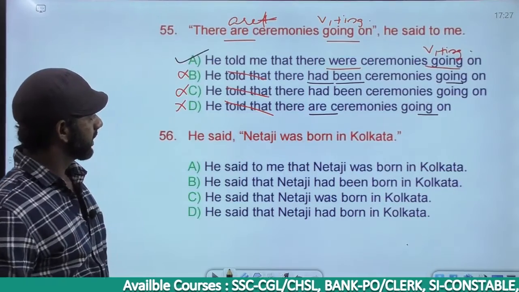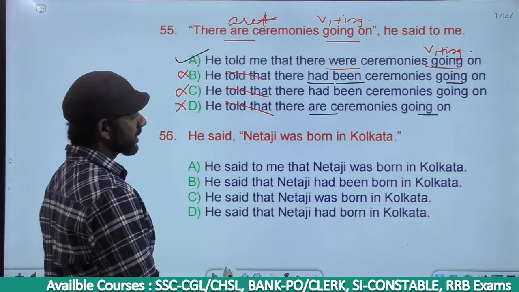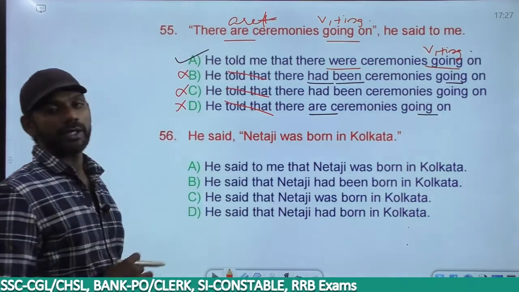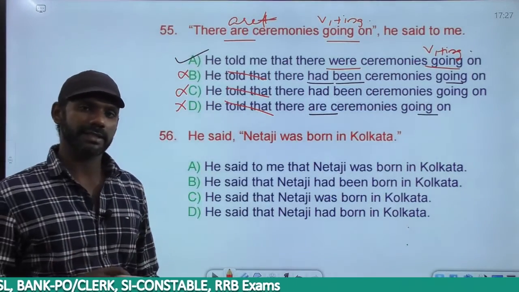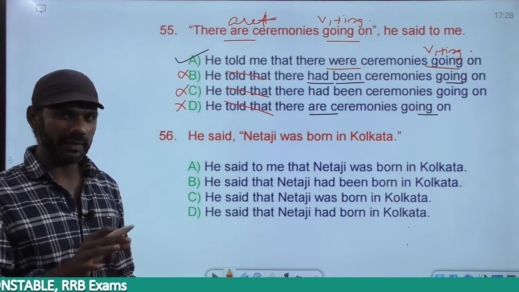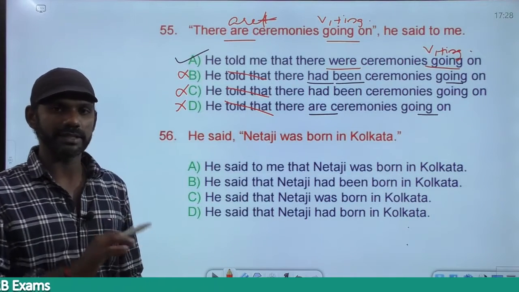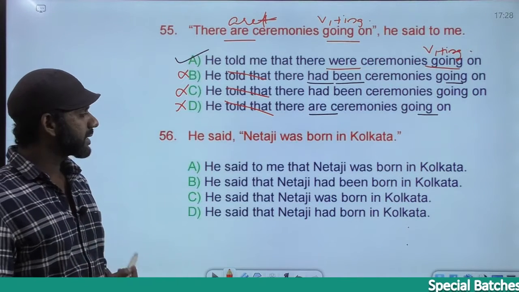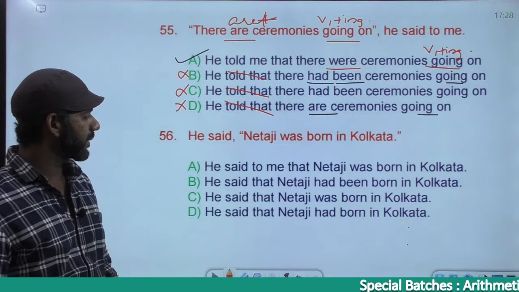The next one. He said Netaji was born in Kolkata. The rules are not applicable. This is a fact. The tense and the category must remain the same. It must be in the past tense anyway, because here it is Netaji was born in Kolkata, not is born. The tense and the category must remain the same.